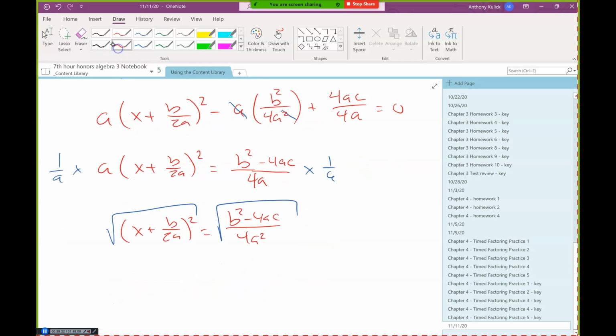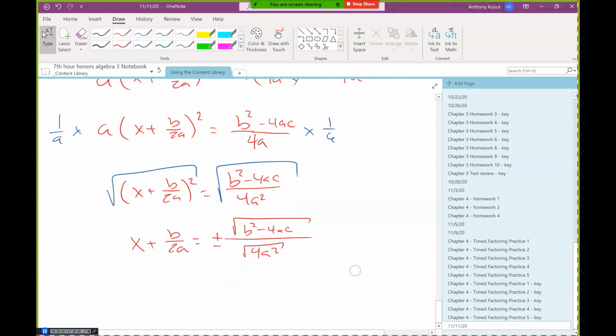In case you haven't noticed, we finished completing the square and we're on to solving, right? We started doing that a minute ago. So I get a plus or minus, and then since I'm square rooting a fraction, that's the same as the square root of the numerator over the square root of the denominator. Notice that the square root of 4a squared is something that I can do.